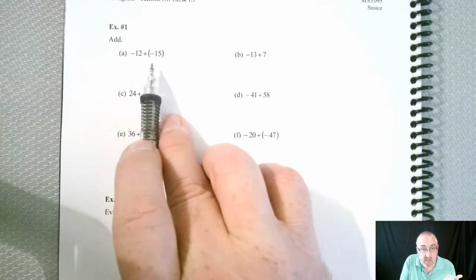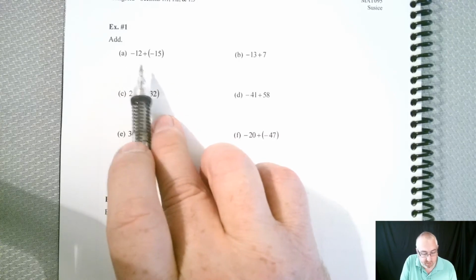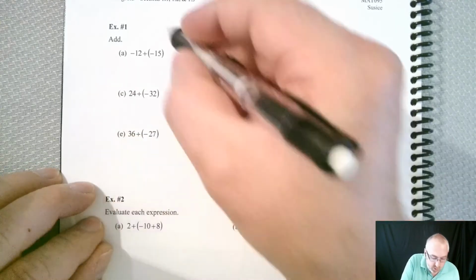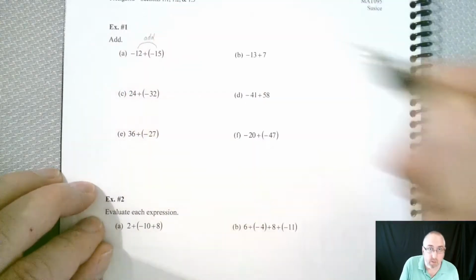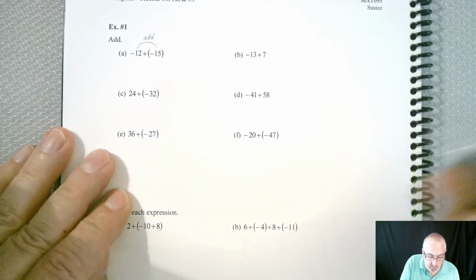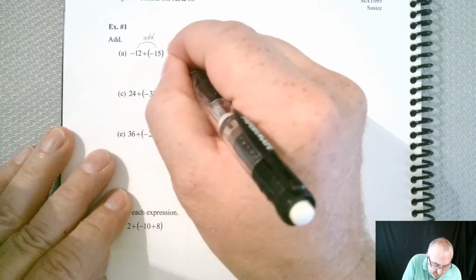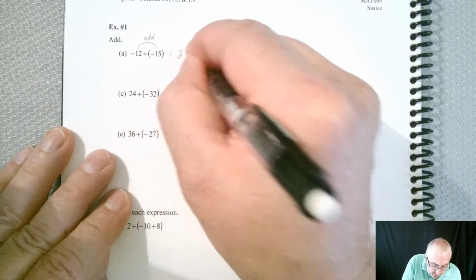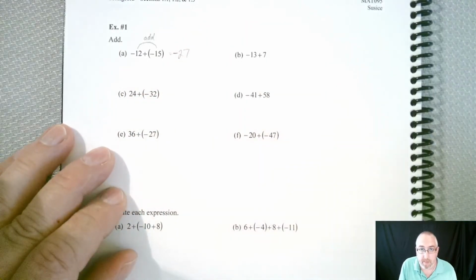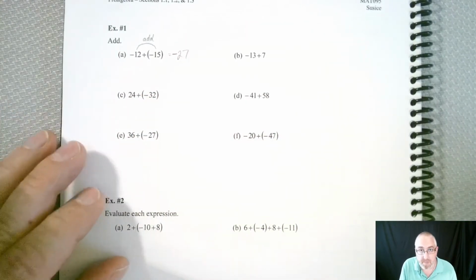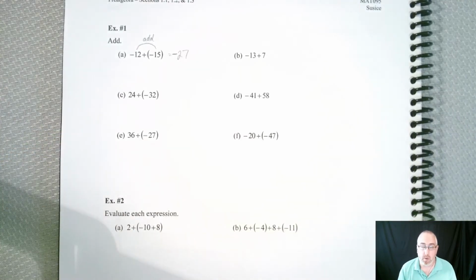And it's all based on if they're the same or if they're different. In this case, they are the same, so we really do want to add those 2 numbers together. 12 and 15 is 27. But because they're both negative, we know the answer is -27. Done. That's using the first rule.